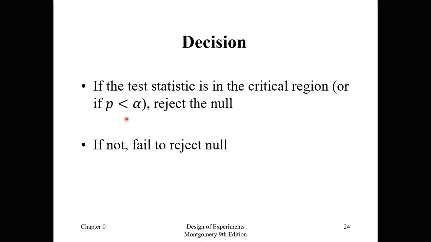It is interpreted pretty much the same throughout, no matter what statistic you're using. So it is one reason that people prefer the p-value approach to the critical value approach, but both are useful and important to know. In the next video, we'll continue our review of statistical tests that you should already know with a discussion of correlation.